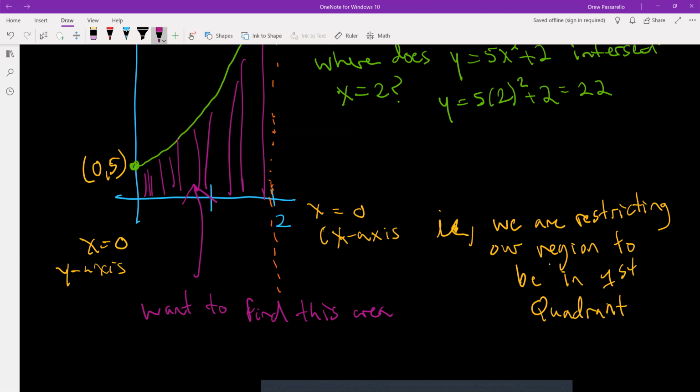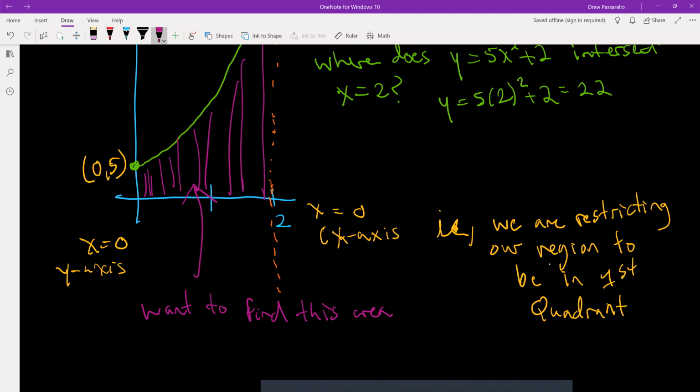And we know the integral from a to b of f of x dx is going to give us the area because our region's above the x-axis. And now what a and b are, well, we're going from 0 to 2 as far as the horizontal range, starting at 0, going to 2.